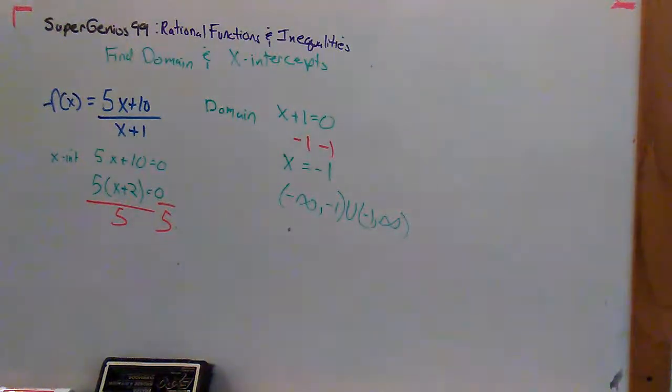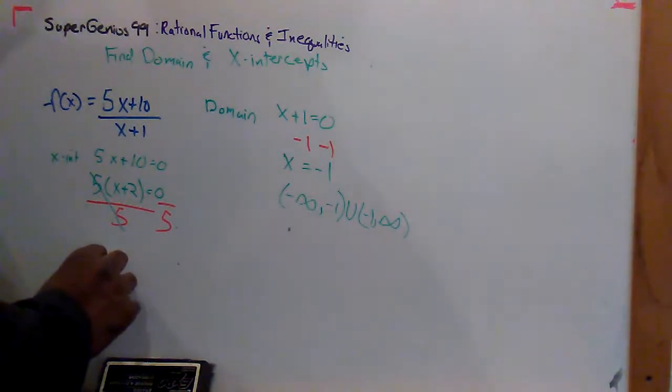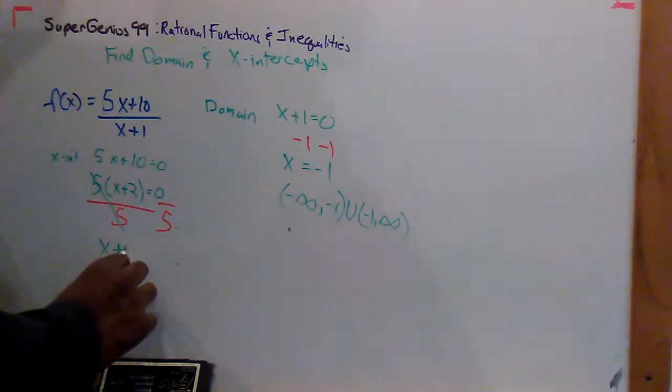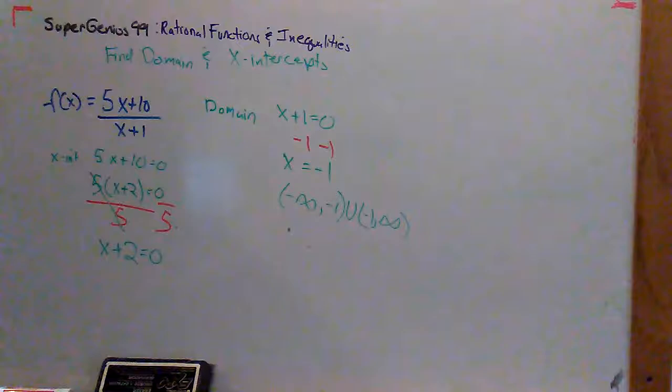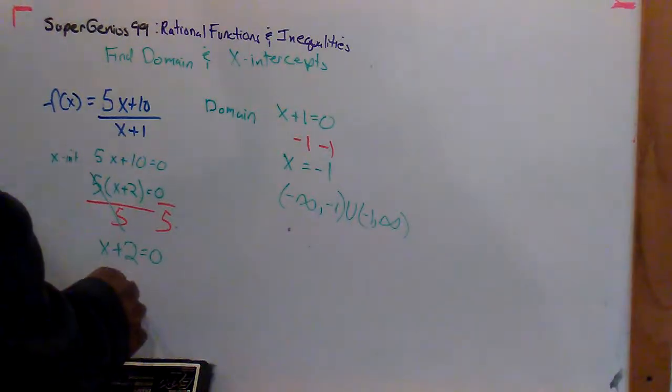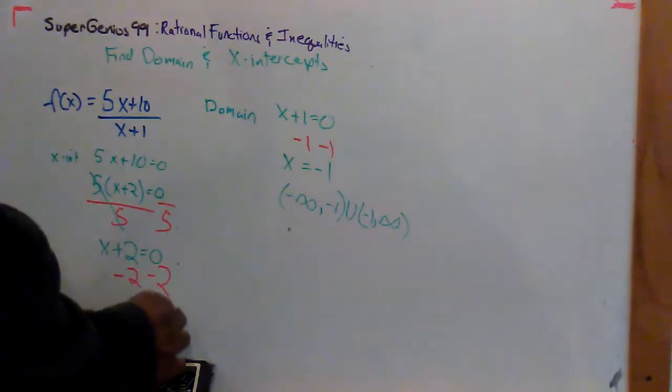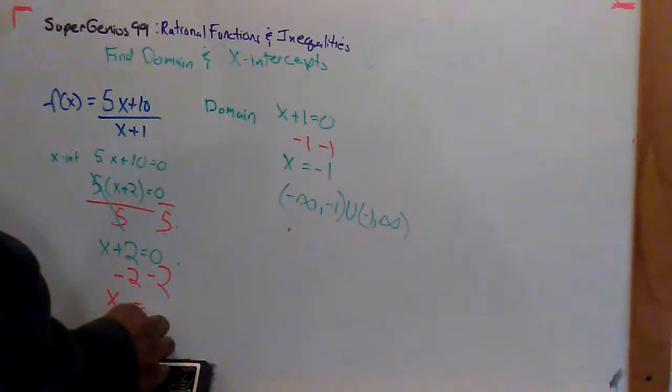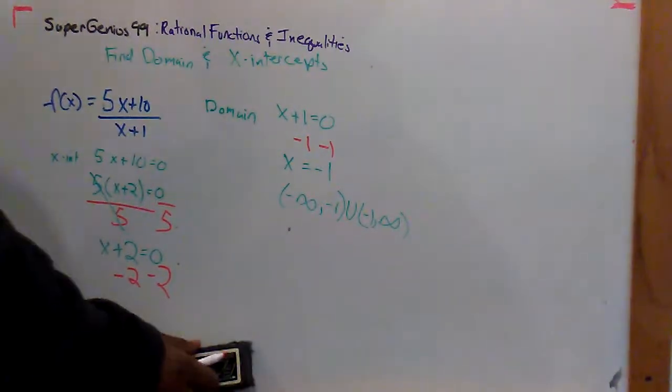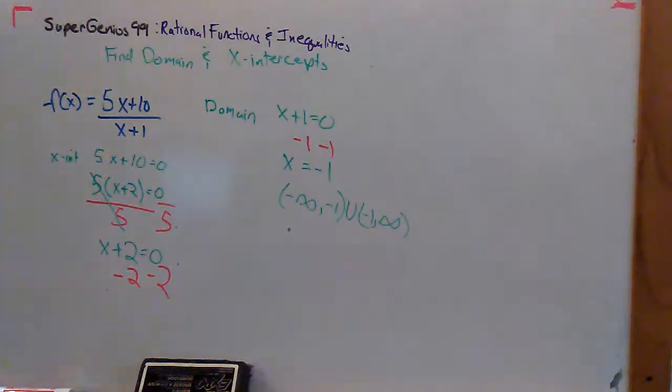Okay, and then once you divide, what you're left with is x plus 2. Isolate the variable. How do you do that? You have to do the opposite operation. What's the opposite operation of adding? Yes, the opposite operation of addition is subtraction. So we're left with, yes, x equals negative 2.